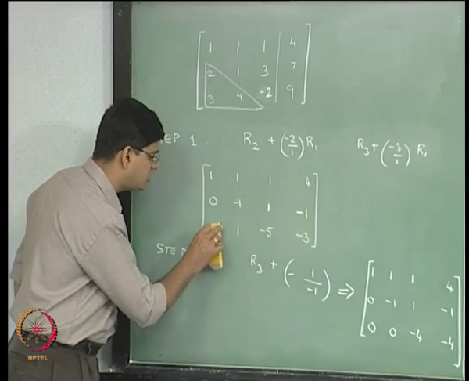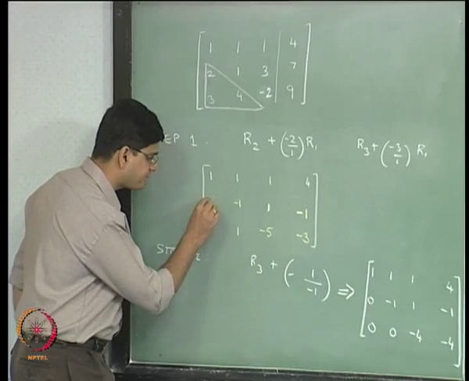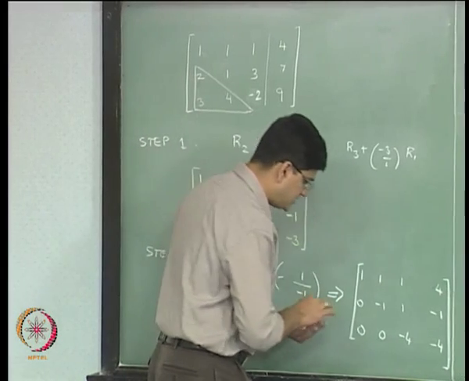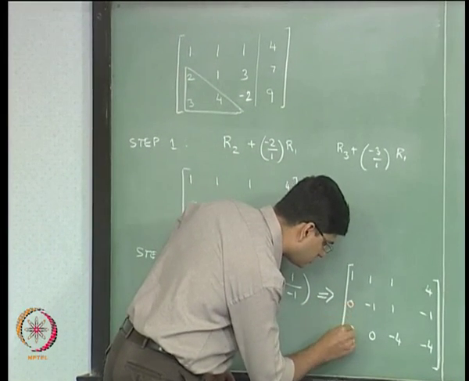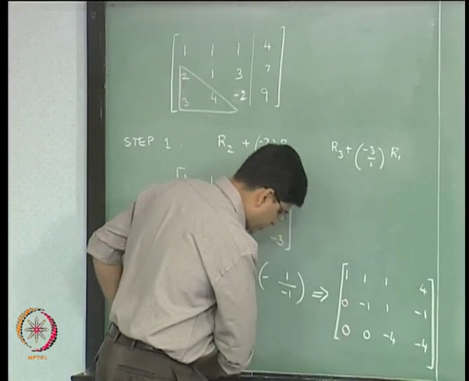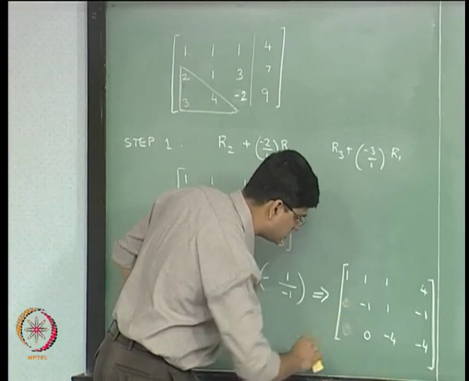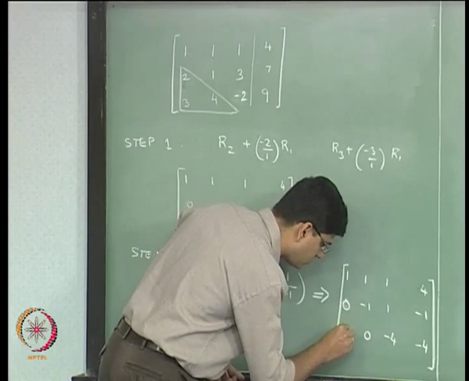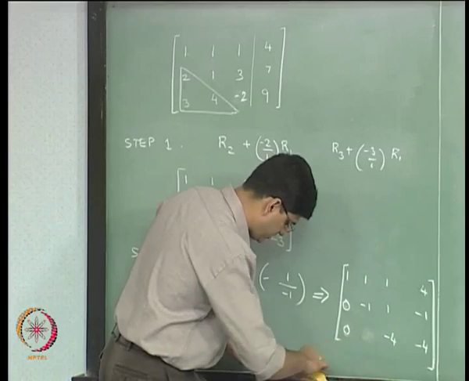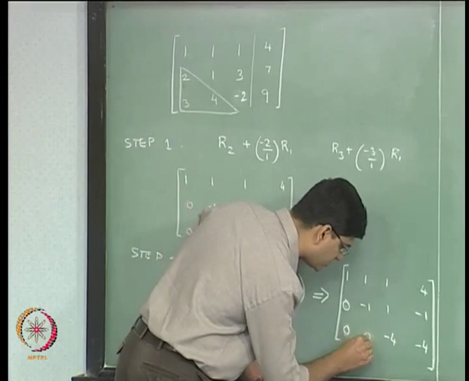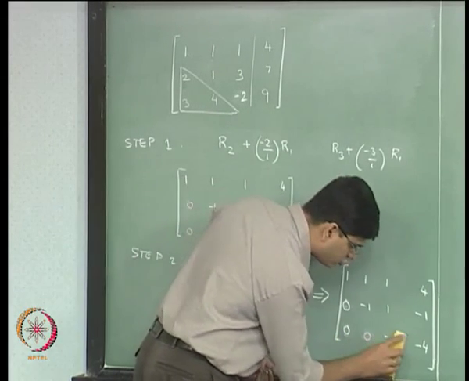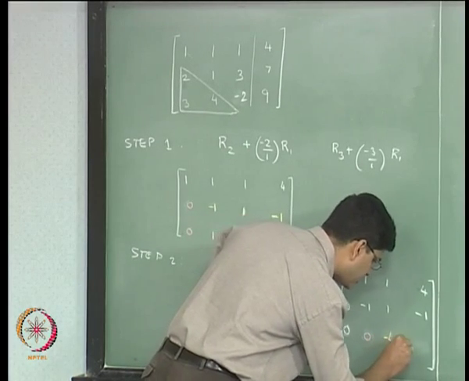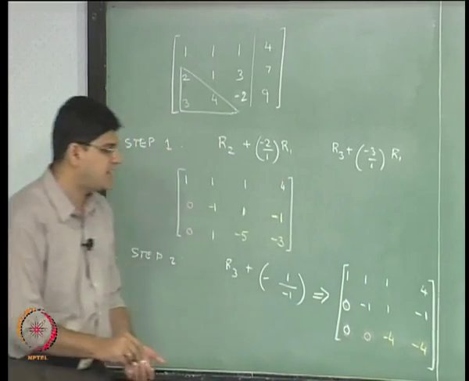So I will use a third color, the red color, to represent this. In this particular operation these values are not changed, so I will keep using white over here. I will use red color because we know for a fact that this entry is going to be 0 after the row operation, so we do not change it, and these have been affected by row operations, so I will put them in yellow.